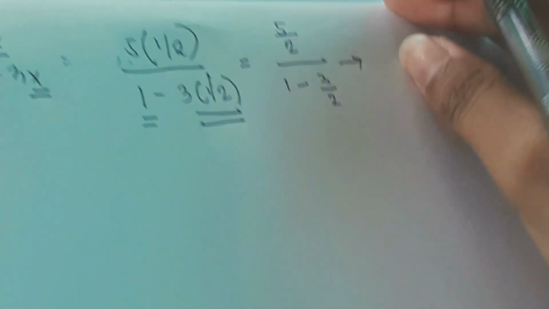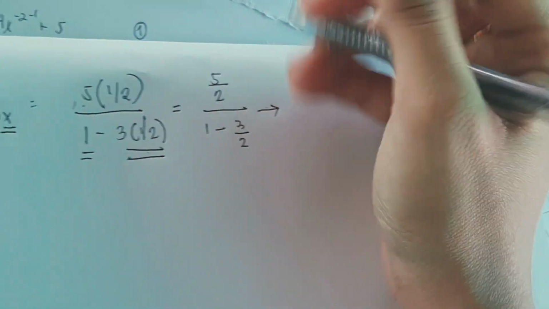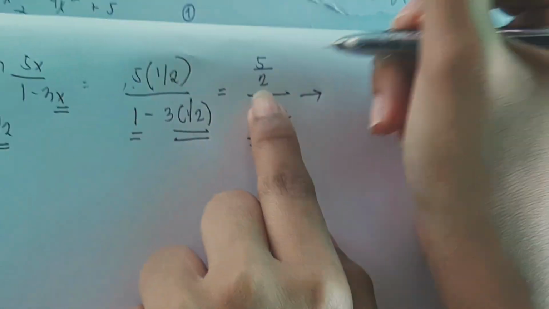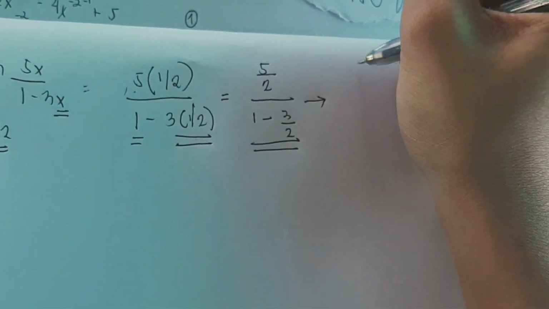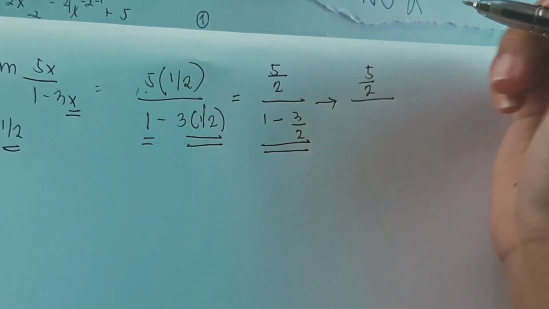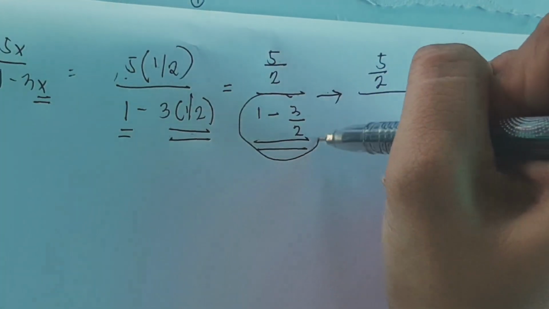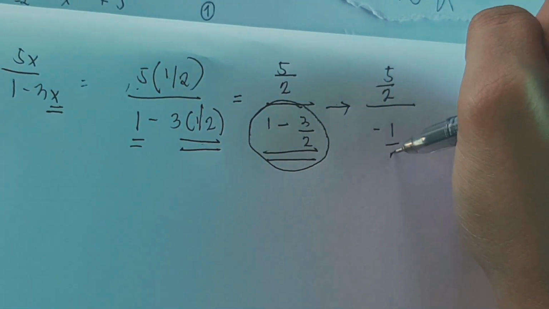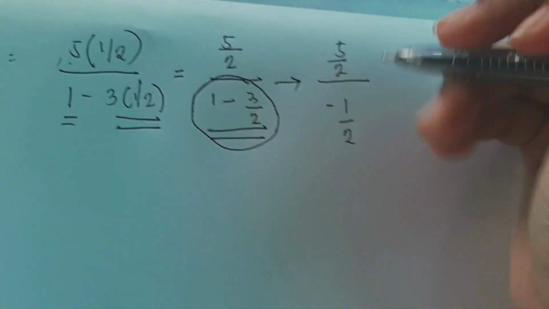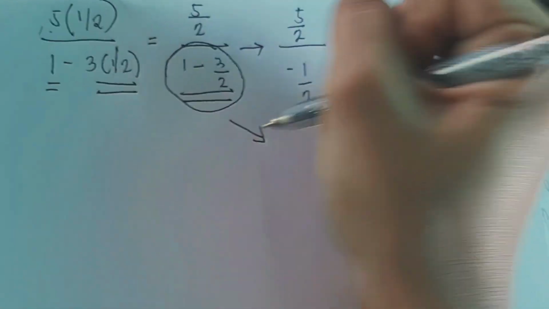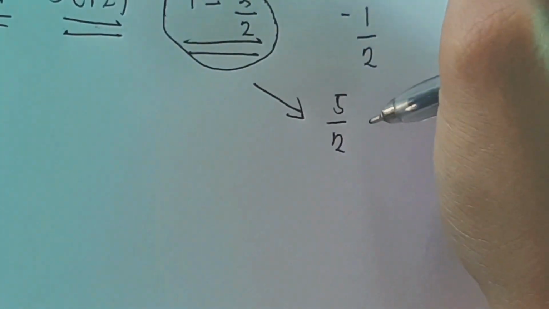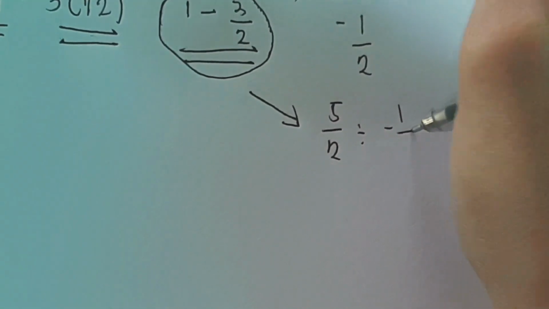Further, to further answer this question, for now we're just going to solve for this because we're just going to copy this one. So 5 over 2 over, if we subtract this one, it will become negative 1/2. So further, it will become like this: 5 over 2 divided by negative 1/2.